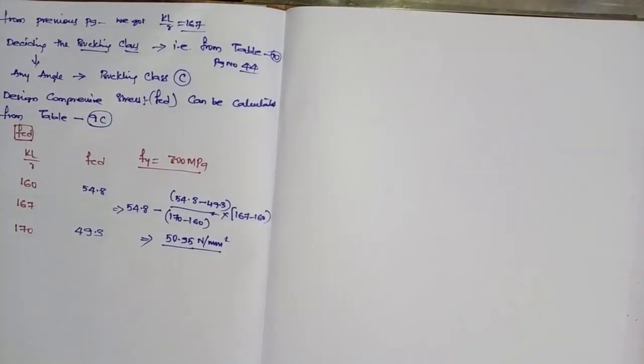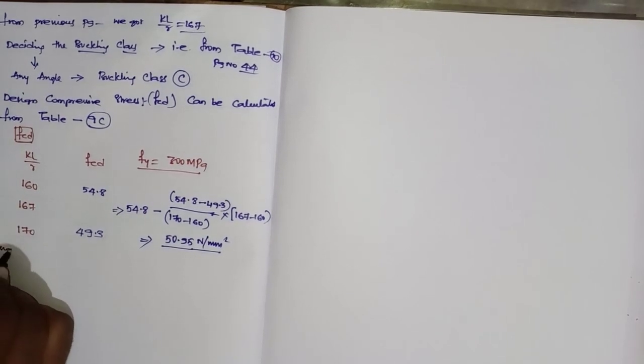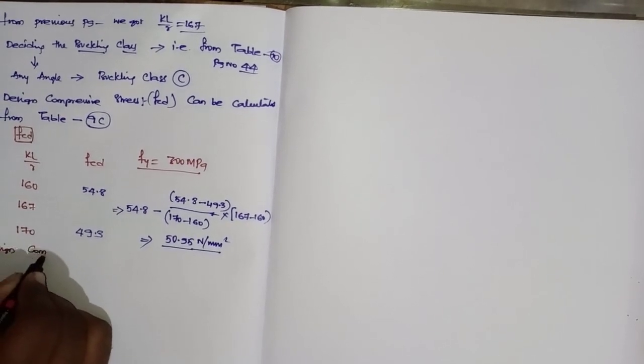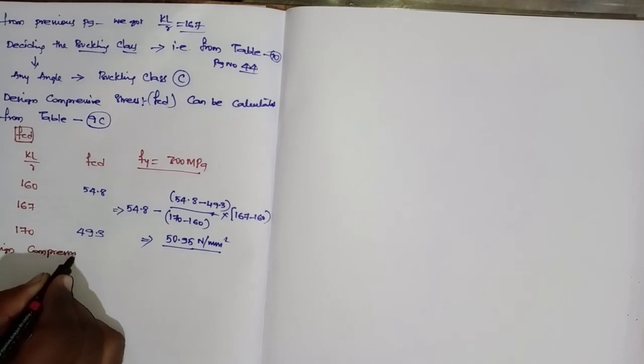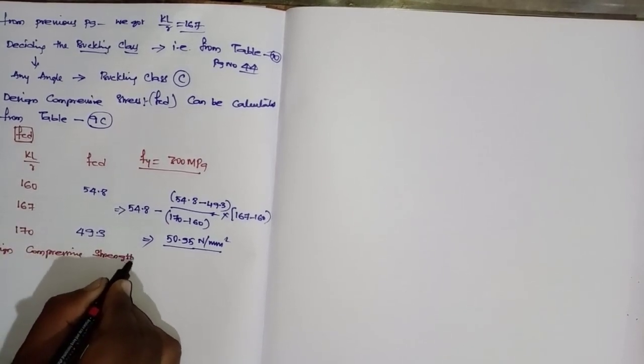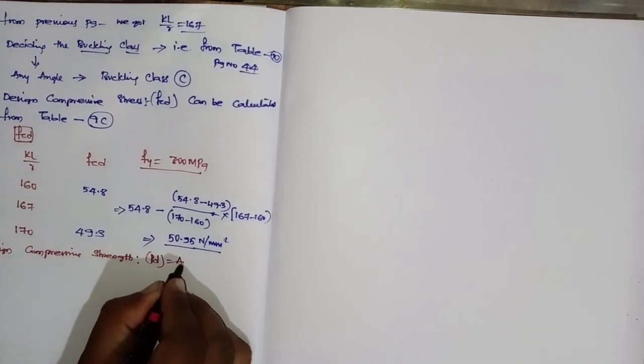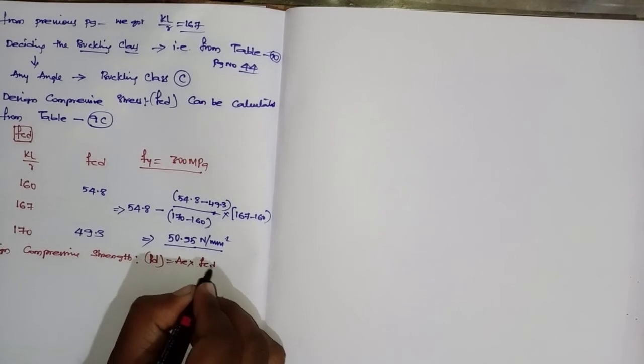Right, now the design compressive strength, okay, which is PD equals AE into FCD.